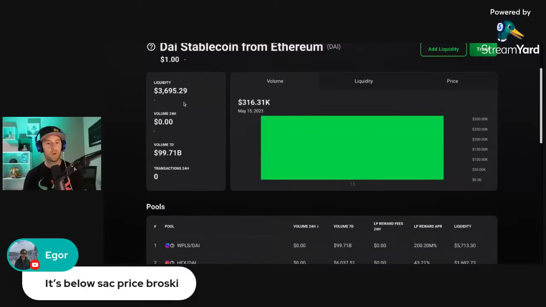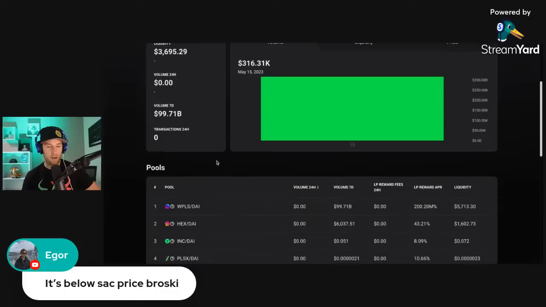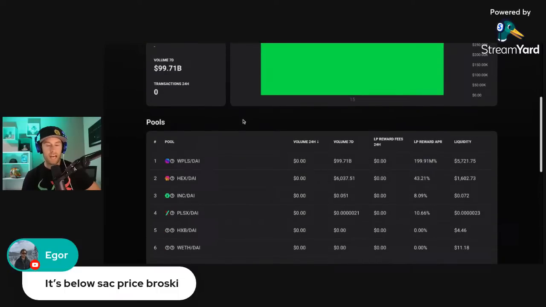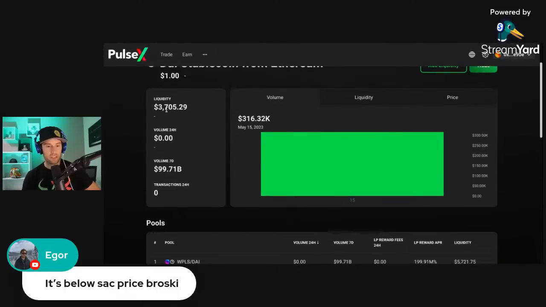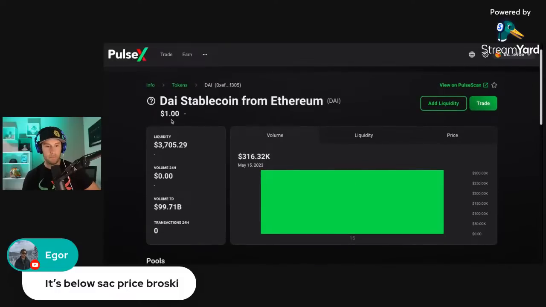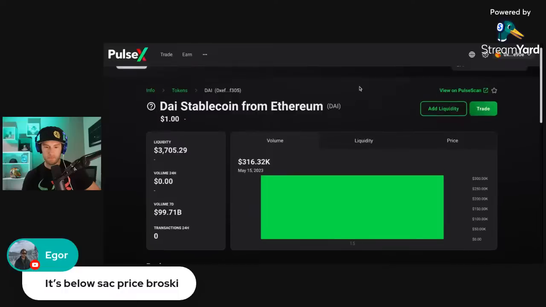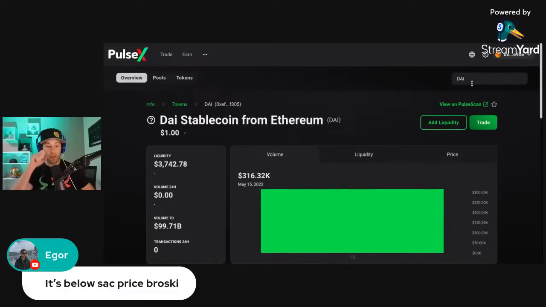There's only 36. Okay, guys, so here's the thing. There's only $3,600 in liquidity right now. So that's why these prices are going to be insanely volatile right now. There's only $3,700 in liquidity. So if you're trading right now on this much liquidity, you can't do anything. Things are just gonna go bananas at this time.